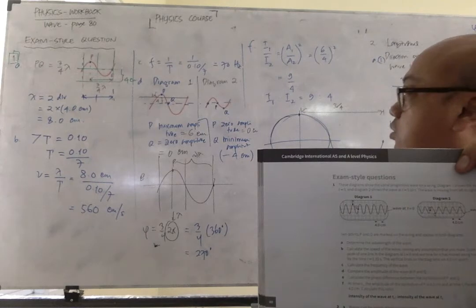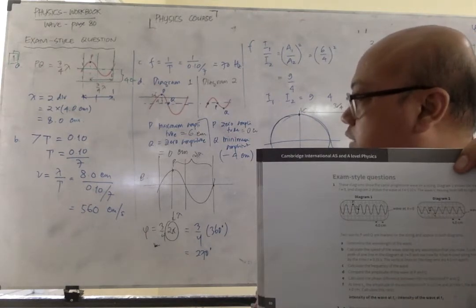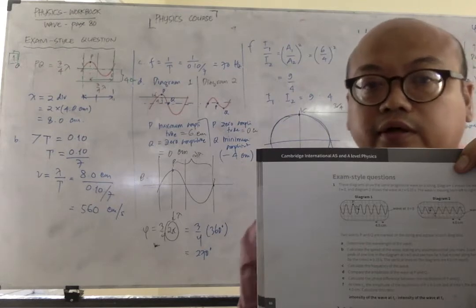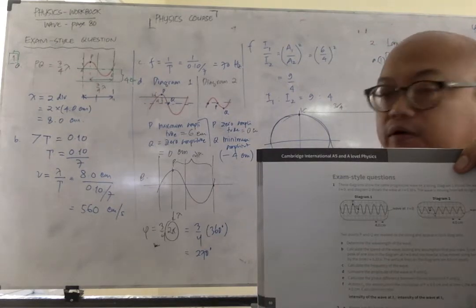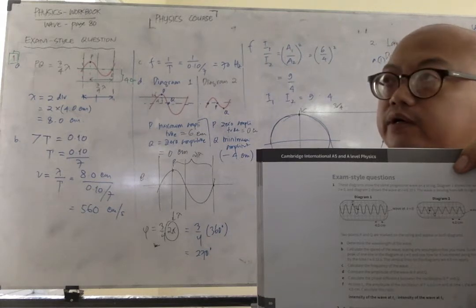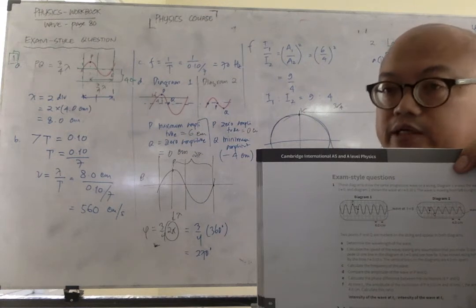Question 2: we need to find the velocity. Velocity is lambda over t, and also velocity is lambda times frequency.